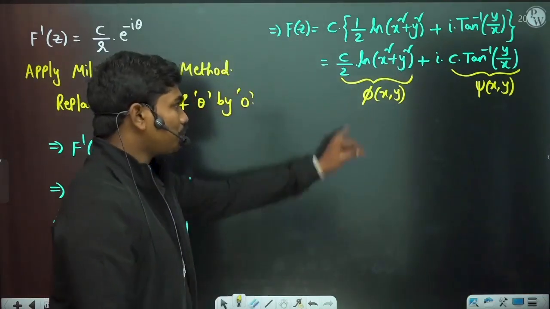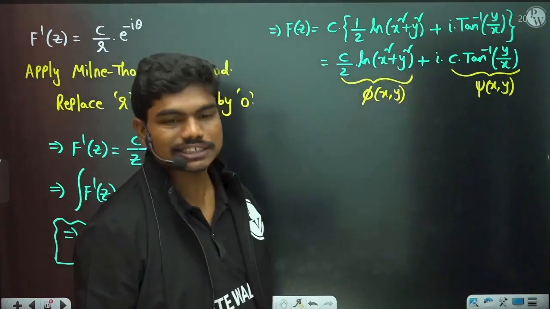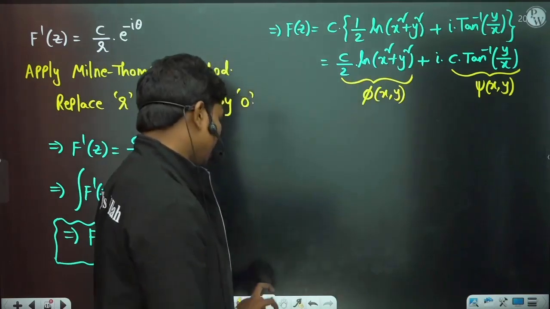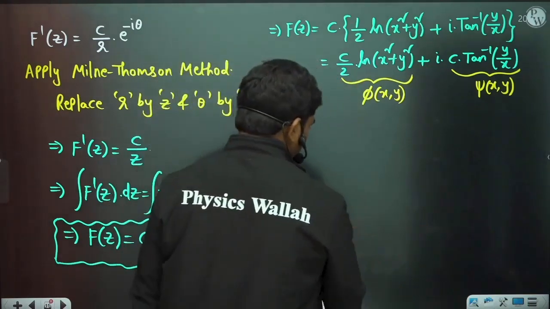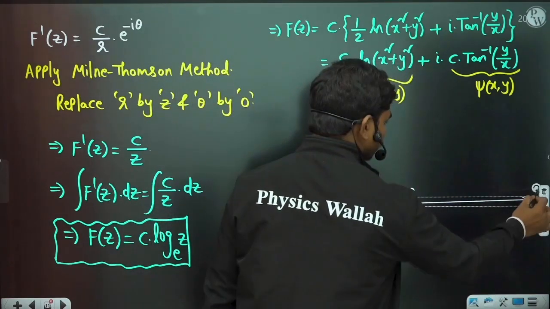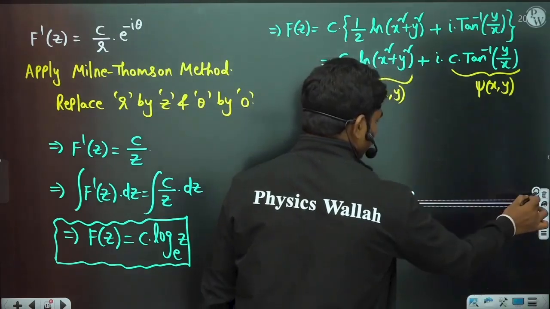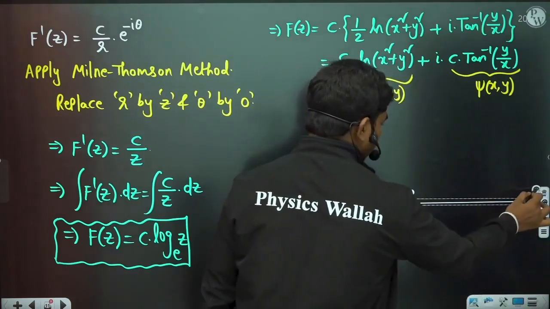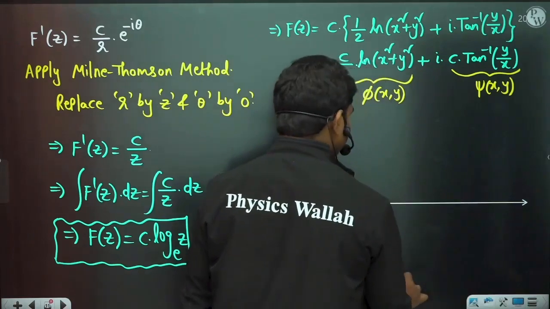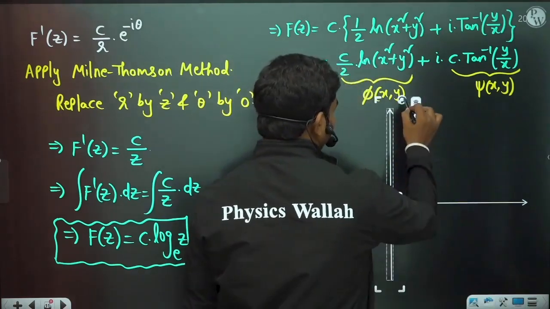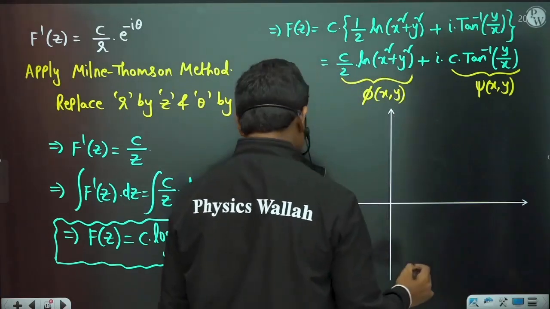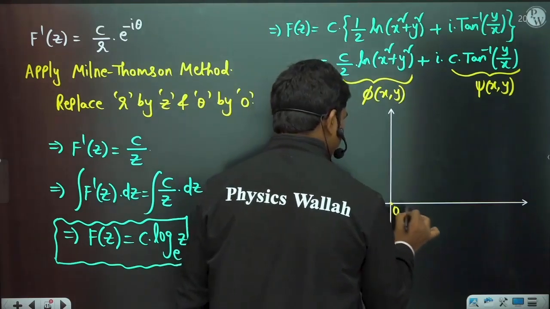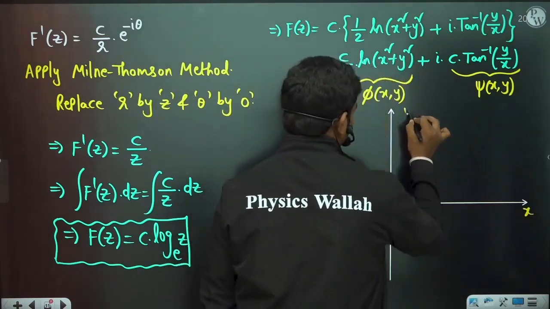Now if you try to plot this velocity potential function and stream function on a 2D graph, see how the curve comes out. So let us suppose this is x axis, and this is y axis, origin.